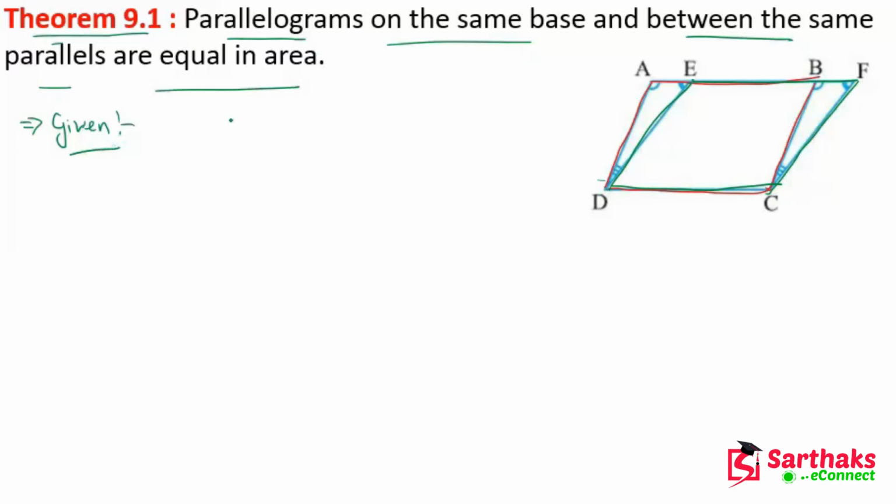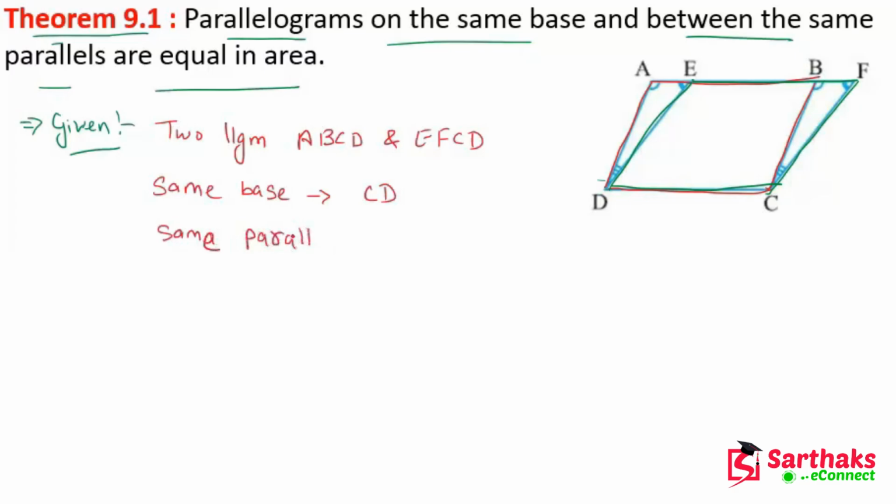Here we have two parallelograms, ABCD and EFCD. They have the same base, which is CD, and they lie between the same parallels, which are AF and CD. I hope you get this point.